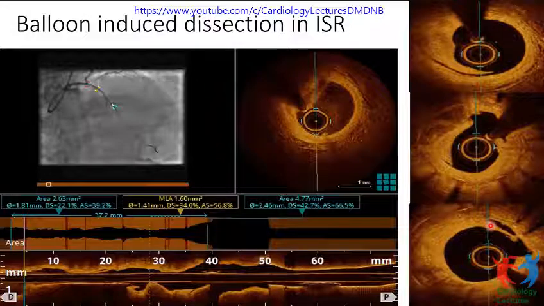Because in this ISR segment, when you dilate with this balloon, after this dissection, when you use a drug-eluting balloon, the penetration of drug is supposed to be better to prevent restenosis, but it's all theoretical. And some senior people, like I have met few people in Europe and China, advocate that you just nicely crack it, produce a lot of dissections, and then you put a drug-eluting balloon, results will be good.